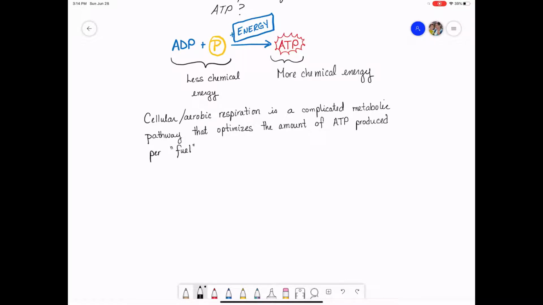And by fuel, I mean one of the biological molecules. So again, we're going to eat glucose, sugars, fatty acids, amino acids, and then we're going to break them apart, capture that energy through a series of complicated chemical reactions, and try to phosphorylate ADP into ATP.